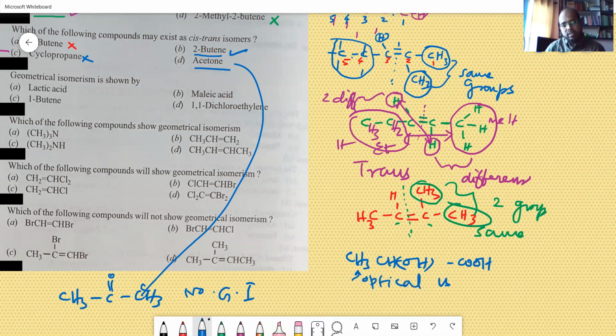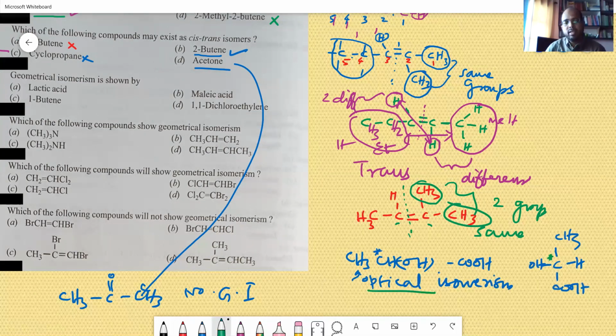The compound exhibits optical isomerism because it is having an asymmetric carbon atom here. You can see CH3, OH, H and COOH, so 4 different groups are there. Therefore, this is an asymmetric carbon atom. So it shows optical isomerism and no geometrical isomerism because it doesn't have any double bond. So lactic acid doesn't show geometrical isomerism.